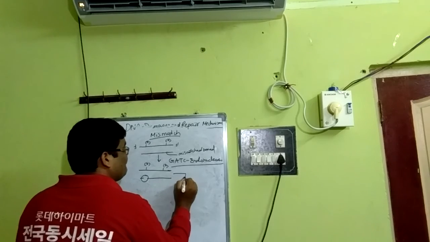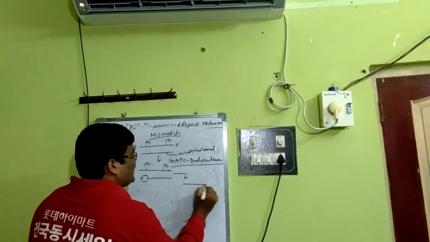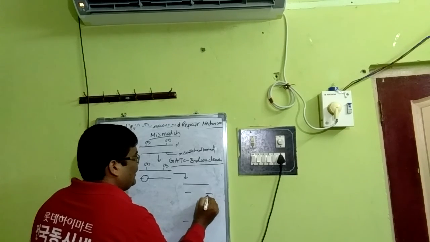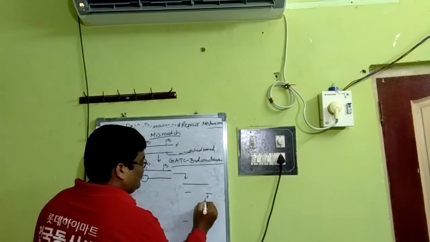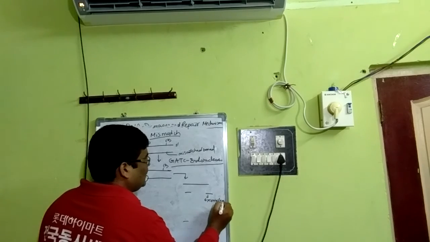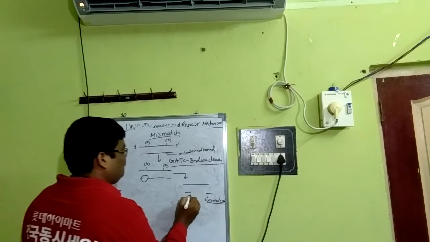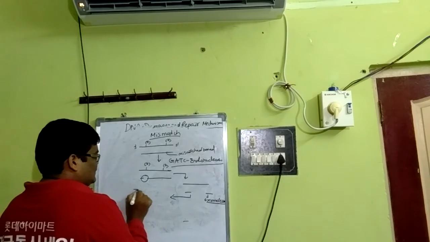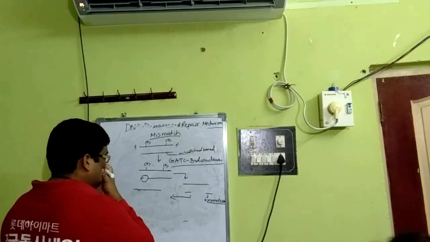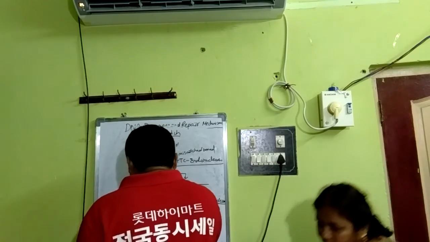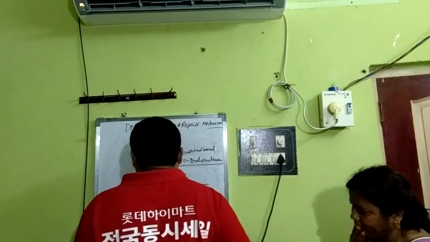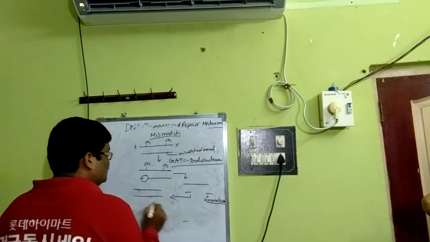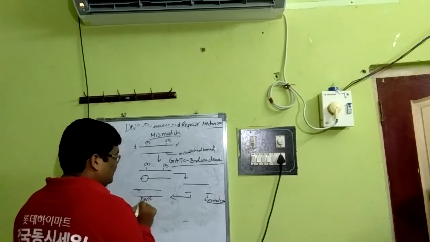Then the third step, the entire part will be removed by exonuclease activity, then followed by the final and most important step, DNA synthesis and religation, which leads to the restoration of healthy DNA.